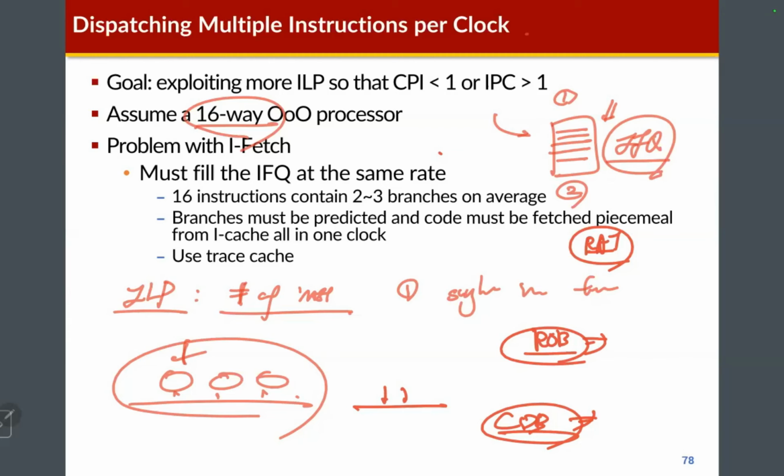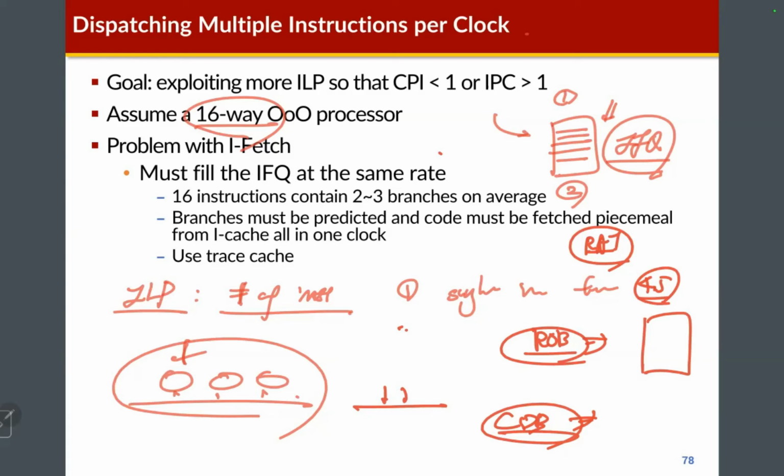Okay. Also, another issue is that we already learned that the size of a basic block is about 4.5 for normal applications. So if a processor fetches 16 instructions, this group of instructions may include 2 or 3 basic blocks.